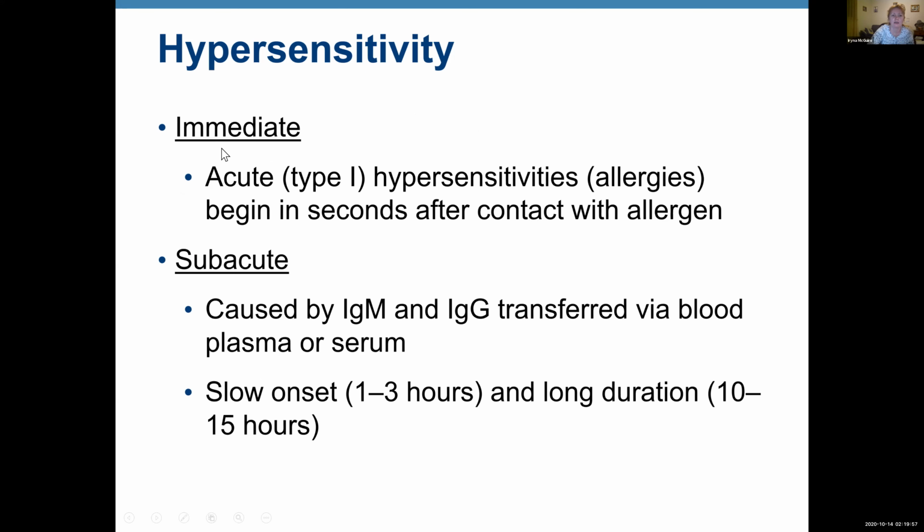So it can be acute, or type 1 hypersensitivity, which is what we call allergies, and it usually begins in seconds after contact with an allergen. Subacute has slow onset, 1 to 3 hours, but it has a long duration. And here different antibodies are involved, like immunoglobulin M and G.